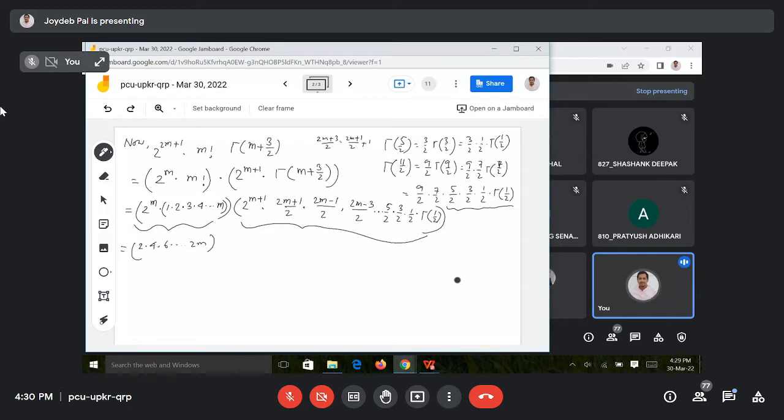After multiplying by 2, it will be 2m plus 1, 2m minus 1, 2m minus 3, then 5, 3, 1, gamma half. Right?